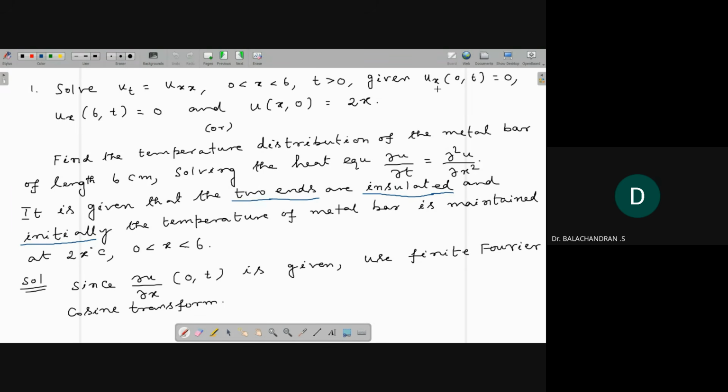And then what is given? ux of 0 comma t equal to 0, which means dou u by dou x of 0 comma t equal to 0.